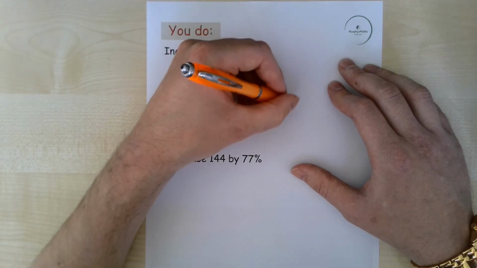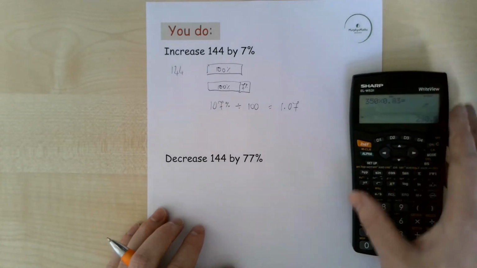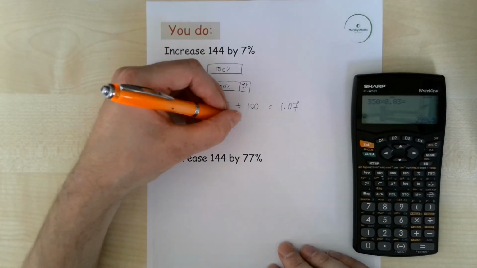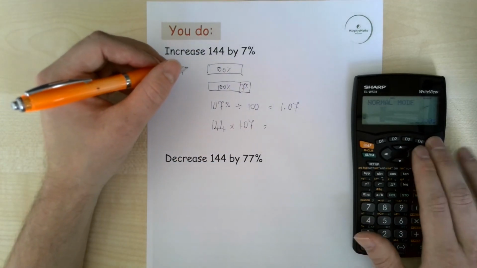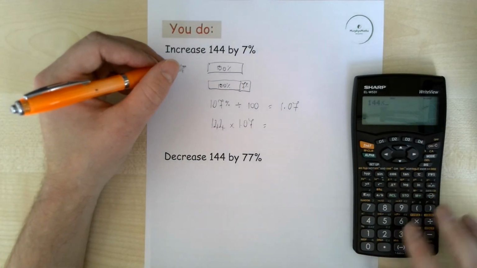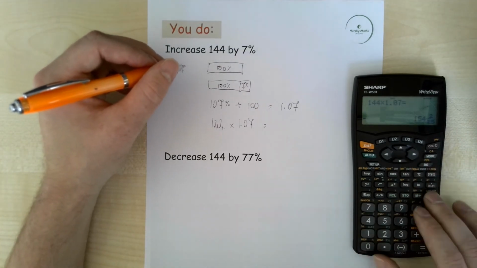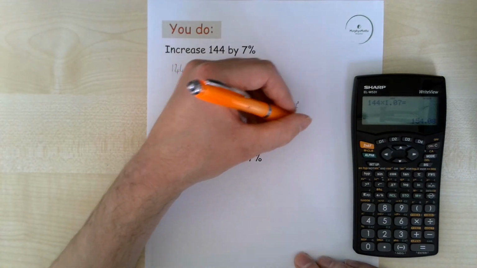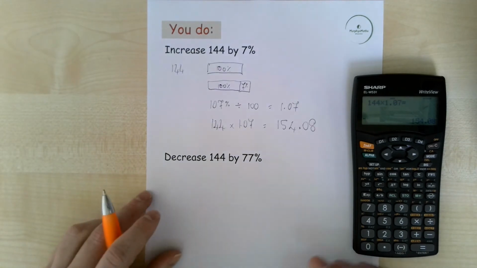So I'm going to use 1.07. In my calculator, you'll need to do 144 multiplied by 1.07. Which we can see is 154.08. Hopefully you got that right.